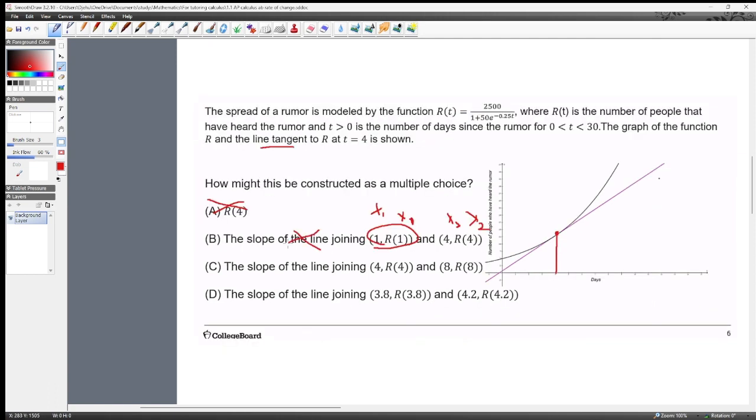A tangent line touches once. That's a coordinate, and it gives you the x and y. x1 and y1 is the first initial coordinate that you encounter, and the second coordinate is x2, y2, and we're gonna use this formula.